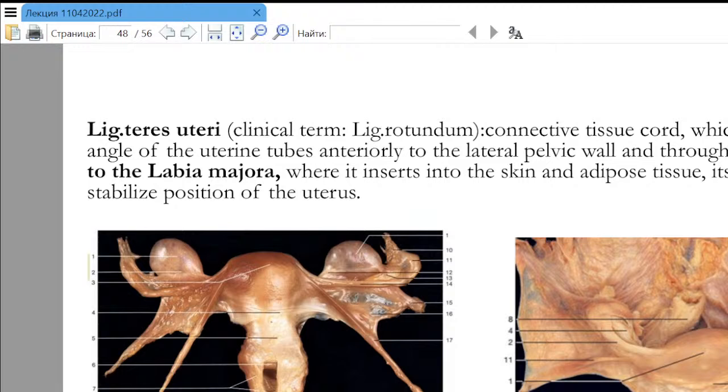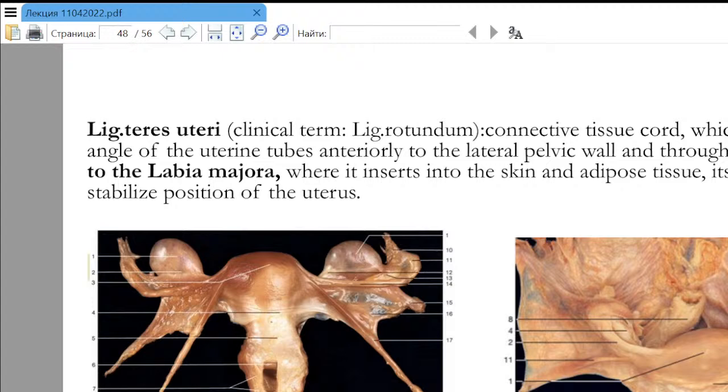Ligamentum teres uteri. Clinical term, ligamentum rotundum, a connective tissue strand which runs from the angle of the uterine tubes anteriorly to the lateral pelvic wall and through the inguinal canal to the labia majora, where it inserts into the skin and adipose tissue.